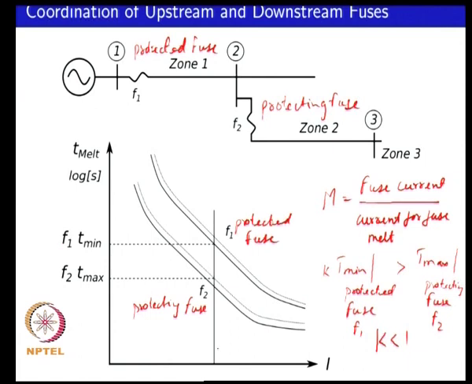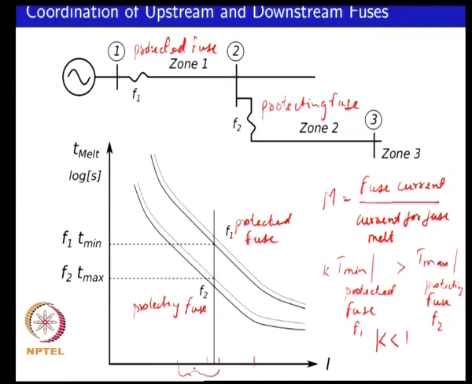So, this shows at one particular point the range of current that might be experienced by F1 might be a range somewhere like this. The range of current experienced by F2 might be a smaller range. So, you want to make sure that within its range this coordination is being achieved. Okay.